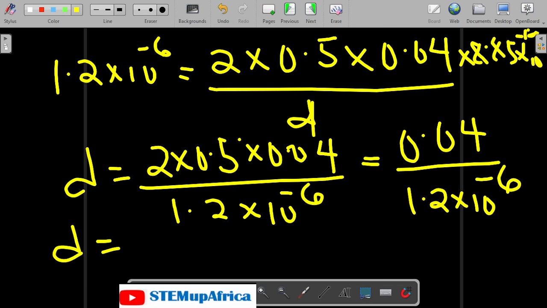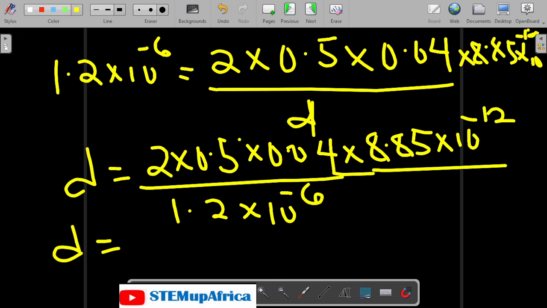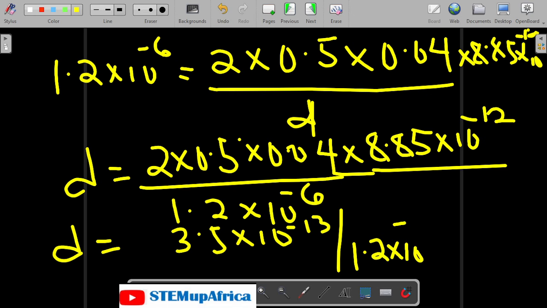Then that means I will multiply this by 8.85 times 10 minus 12, that permittivity of free space. So let me multiply: 2 times 0.5 times 0.04 times 8.85 exponent minus 12. That will give us 3.5 times 10 minus 13 divided by 1.2 times 10 minus 6.